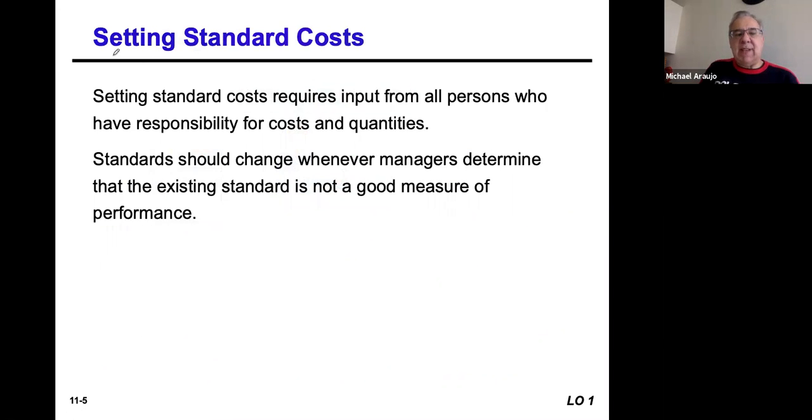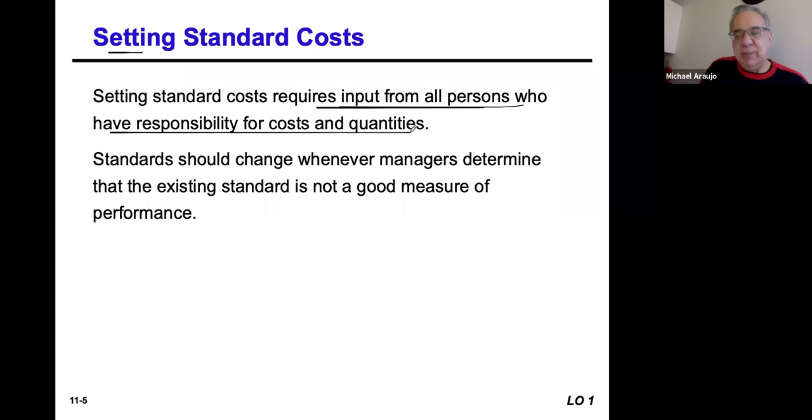So in terms of setting a standard cost, this is management's job, but it requires input from all the people who are involved or have responsibility for understanding the quantities that are necessary to get something done and the costs involved with those quantities.